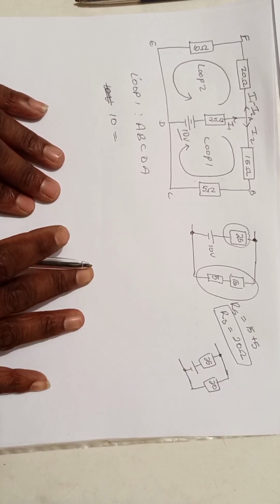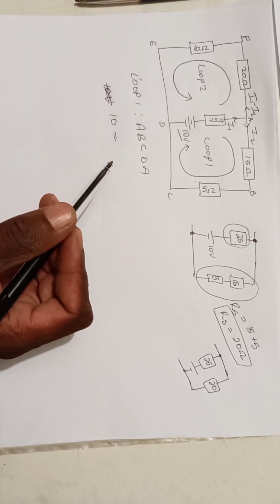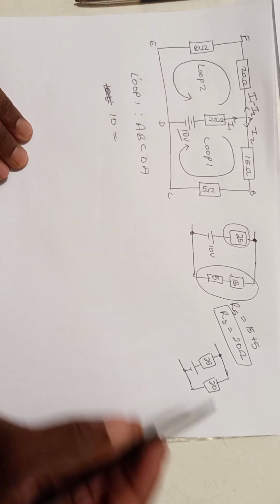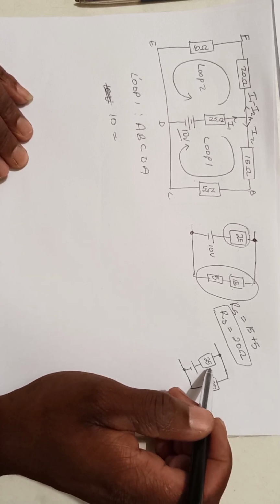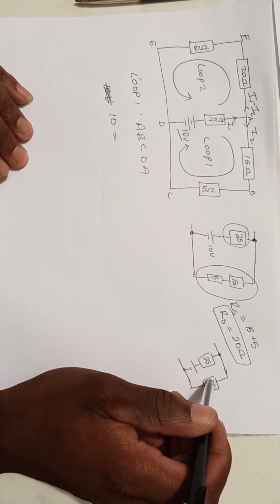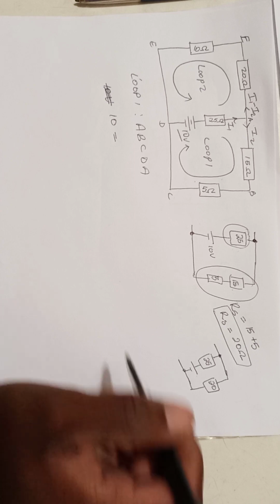What do we know about the volt drops across here? If we add the volt drop here and here, it should be equal to the total voltage.